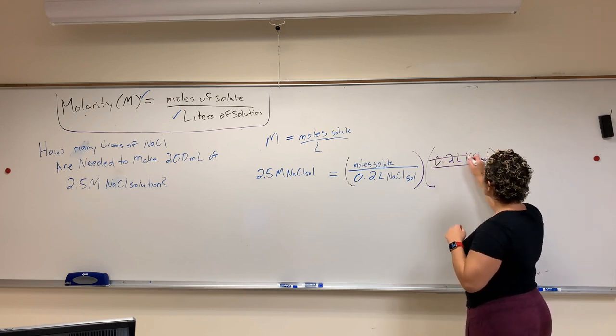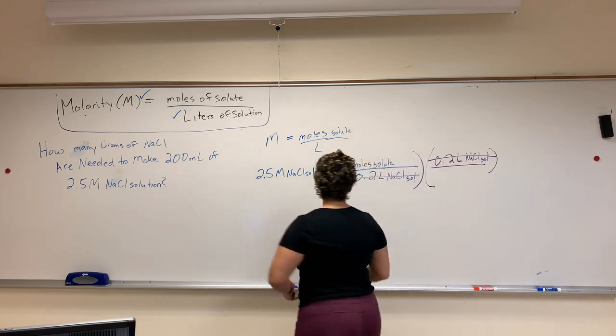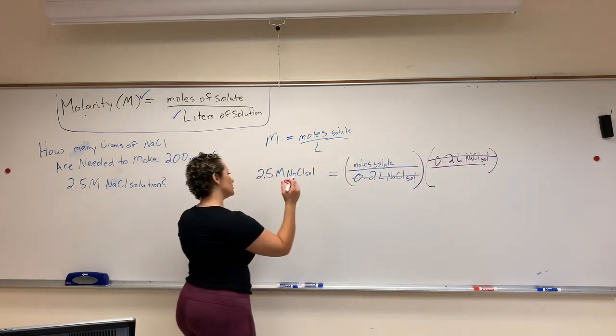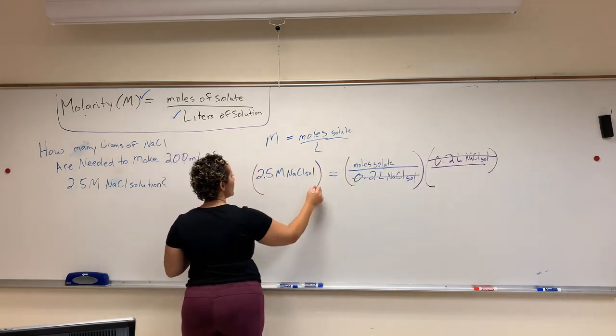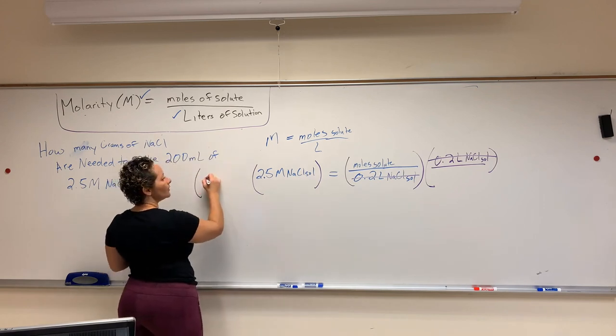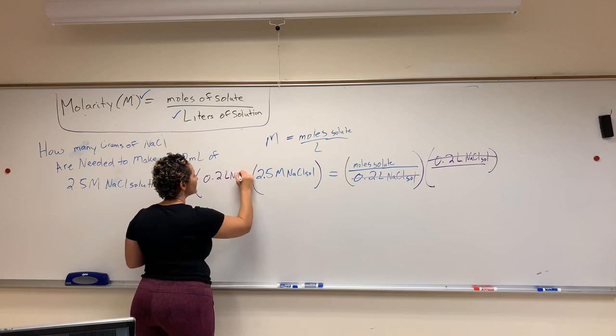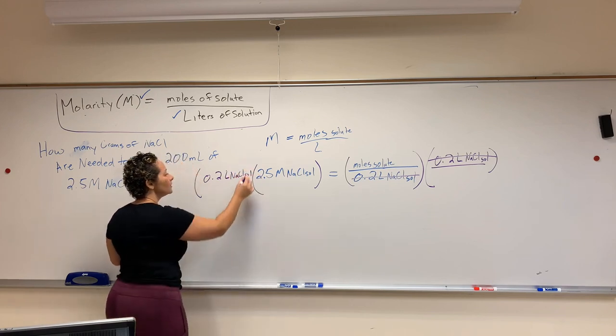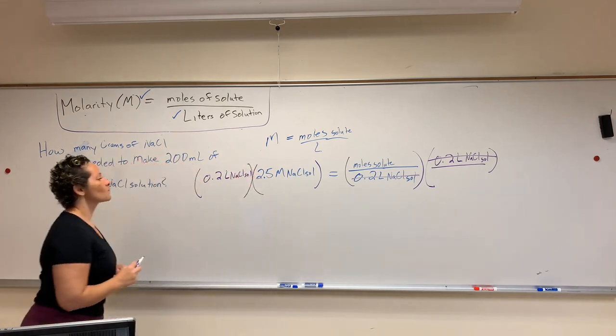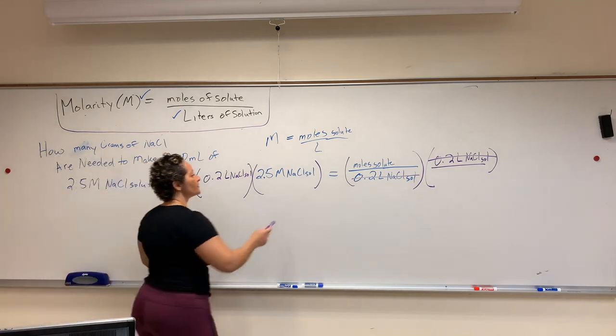Cancel it all. Whatever you do to this side of the equal sign, you have to do to this side of the equal sign. So thereby, 0.2 liters NaCl solution. There we go. We're trying to solve for those moles of solute.